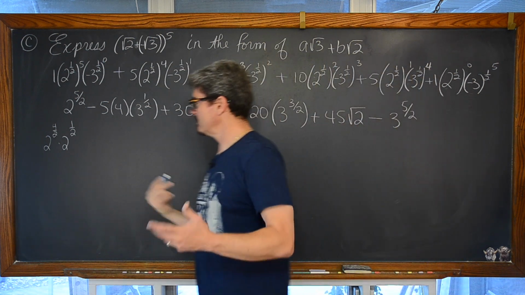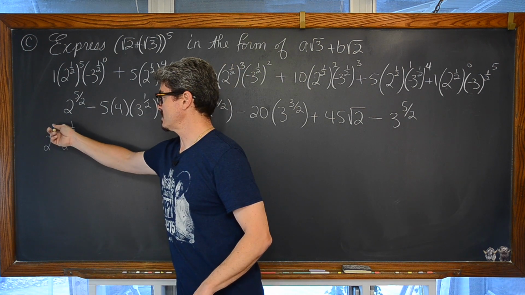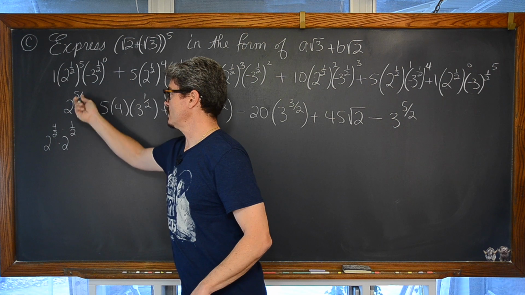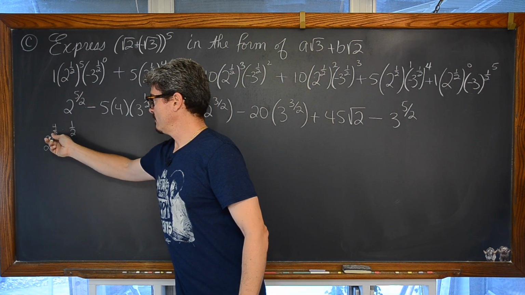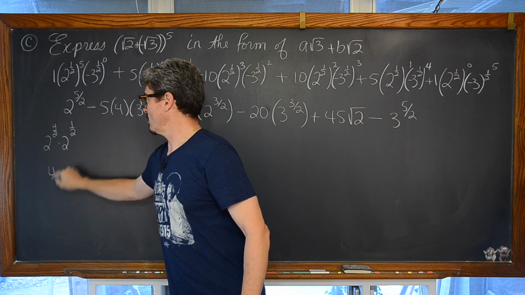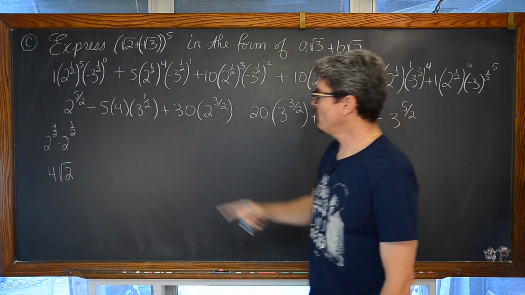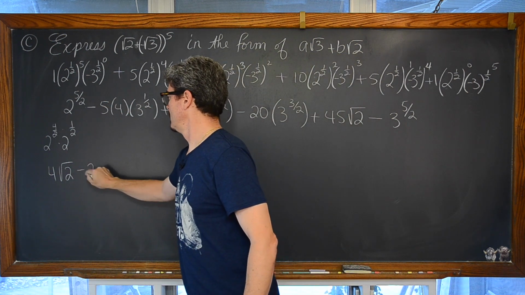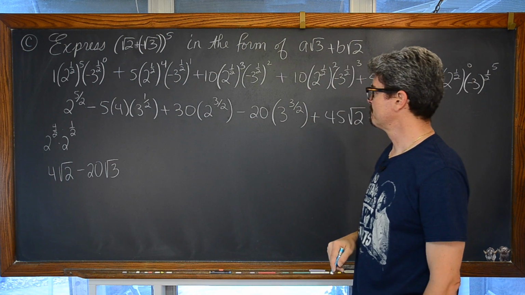I hope if you did, this is going to clarify it. When you multiply like bases, you add the exponents, and 4 over 2 plus 1 over 2 is 5 over 2. Well, we have here what? We have a 2 squared, which is 4, square root of 2. We have a negative 20 from 5 times 4, square root of 3.